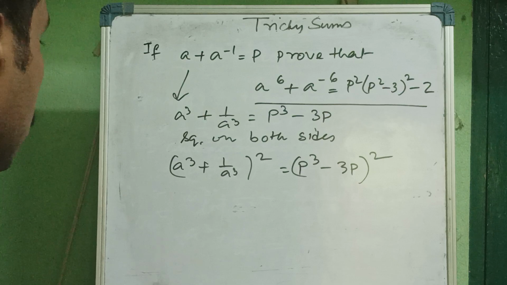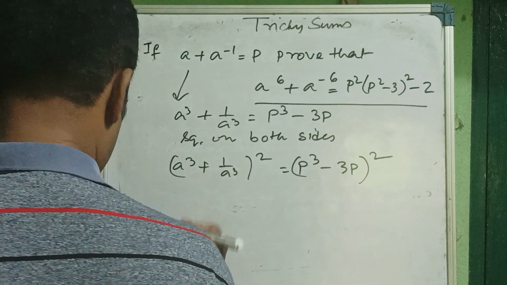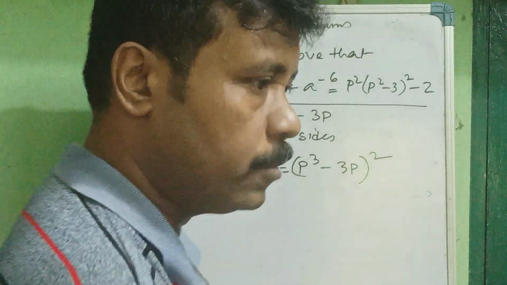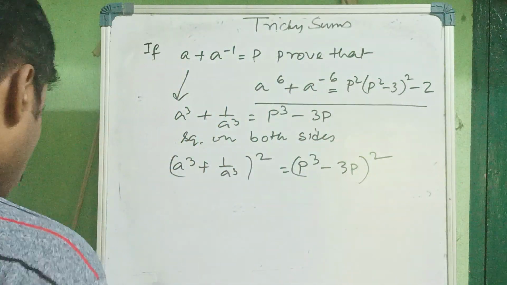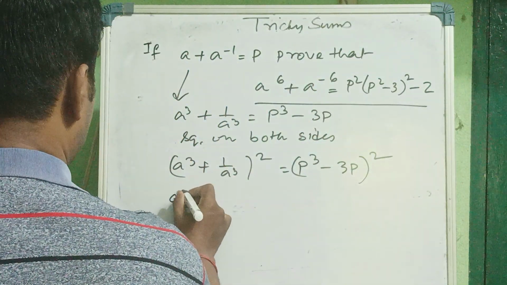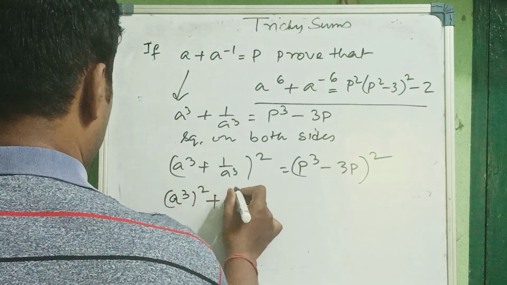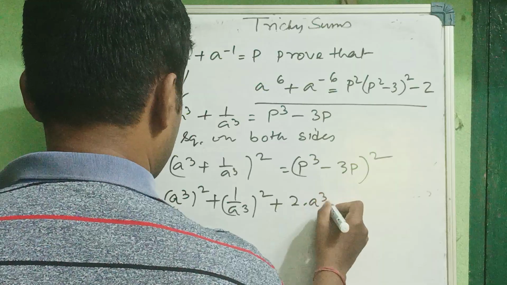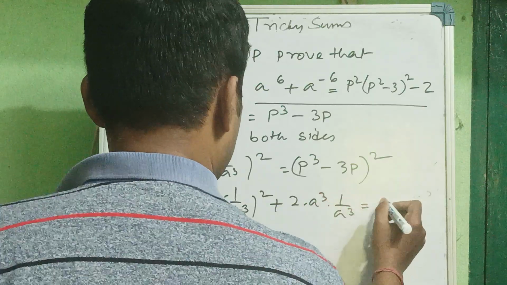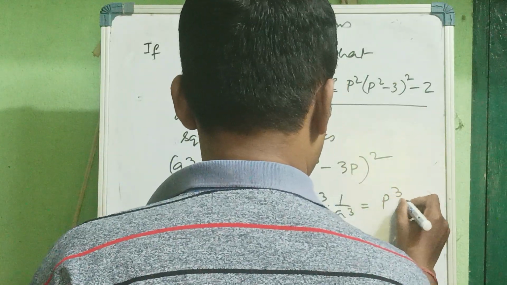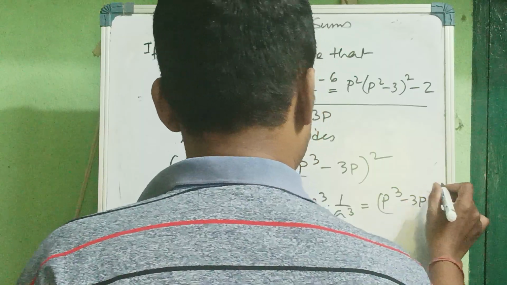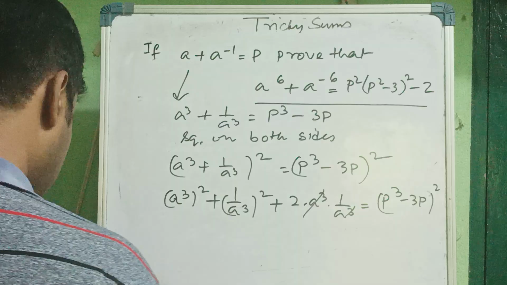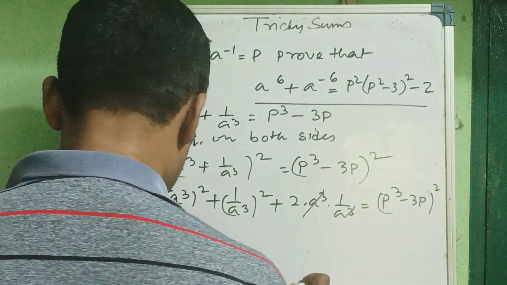Now if it is squaring on both sides, you use the identity a plus b whole square equals a square plus 2ab plus b square. So first you write a cube whole square plus 1 by a cube whole square plus 2 into a cube into 1 by a cube. So a cube cancels, a cube cancels.